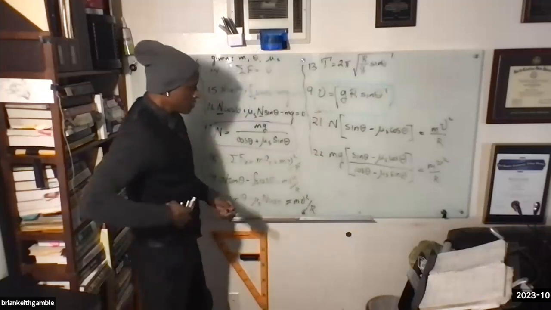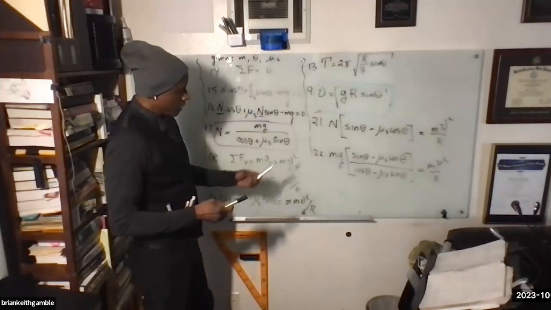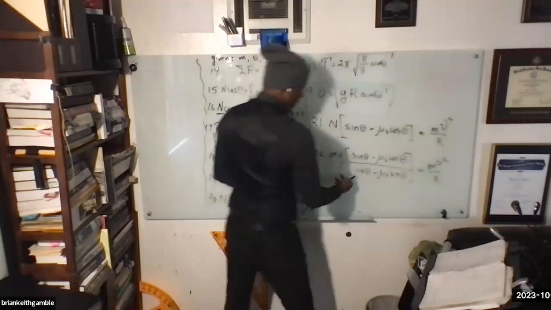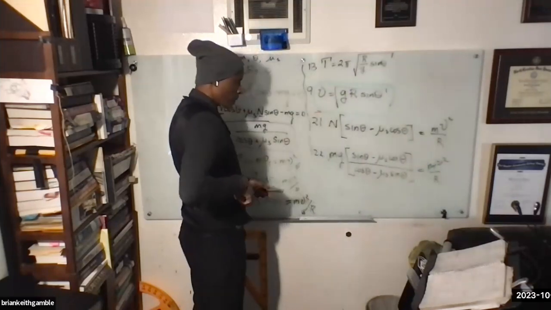Almost done. So I get to cancel out a m here and here, multiply through by r, take the square root.